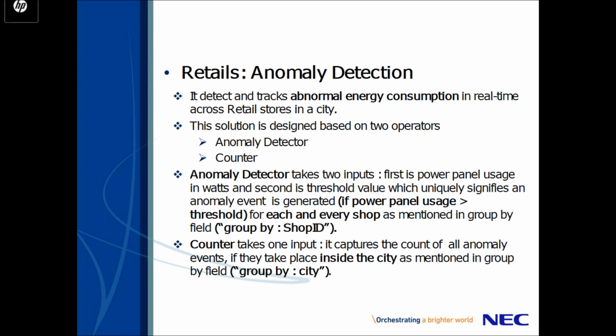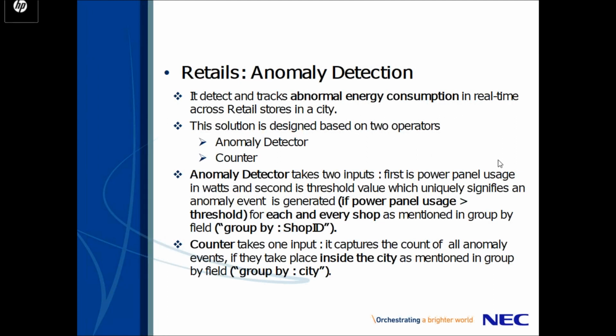If some of them consume more power, or there is some fluctuation, the use case will detect it. Yes, this is an anomaly. An alarm is raised and it will be collected. So basically, we create two pieces of logic here, two operators: one is the anomaly detector operator, and one is the counter operator. I will tell you more.